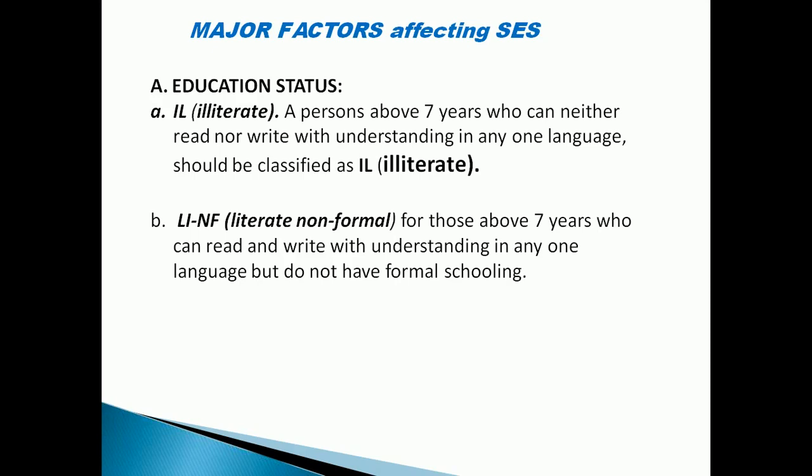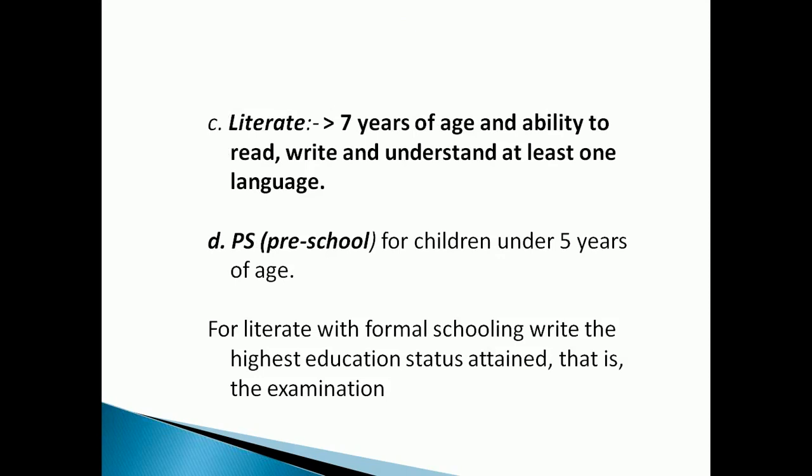Then illiterate non-formal. So what does it mean by literate? As I told, more than 7 years of age, can read, write, and understand at least one language. Okay. So who do we call preschool? For children under 5 years of age, we call it preschool. Then for literate with formal schooling, the highest education.